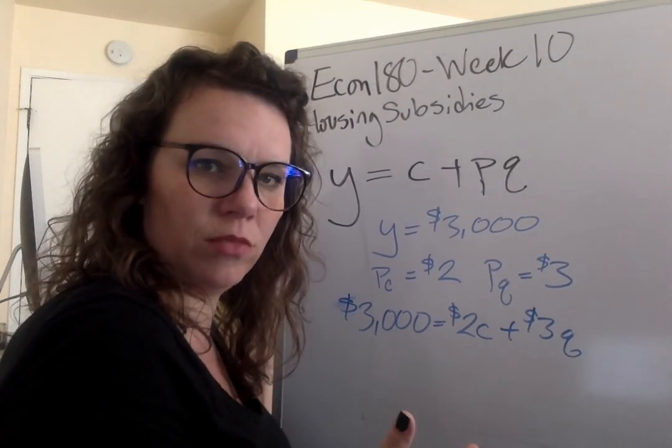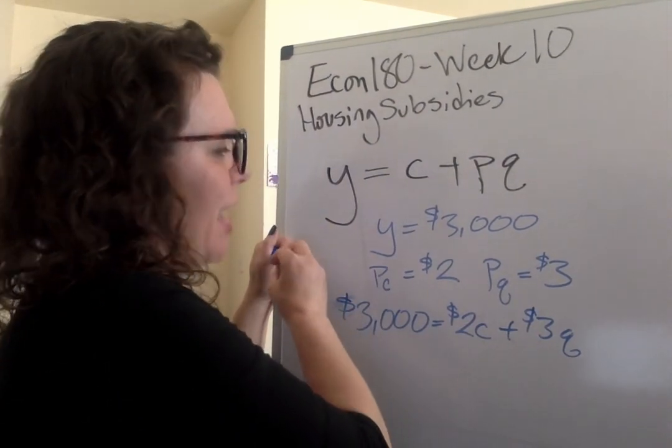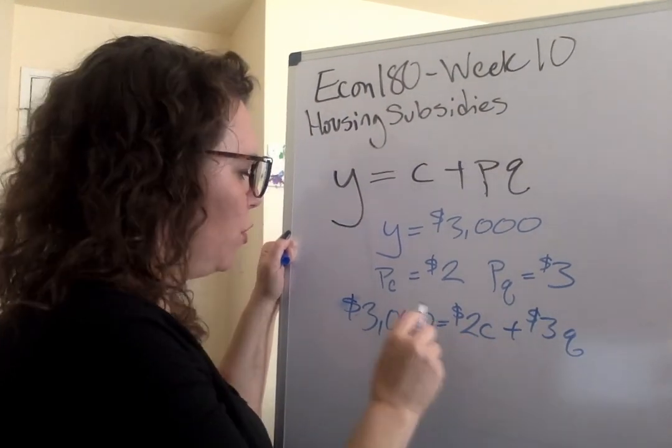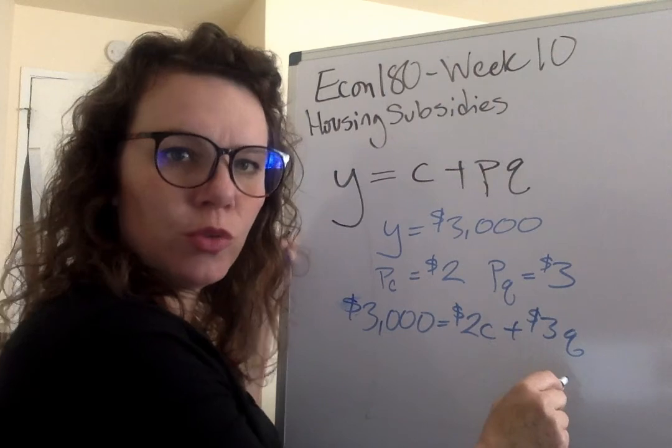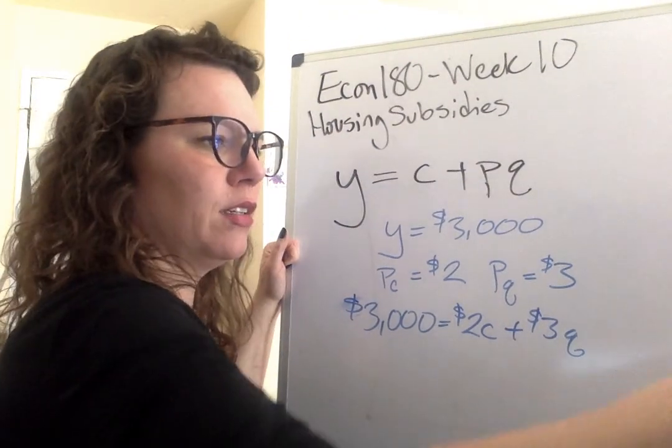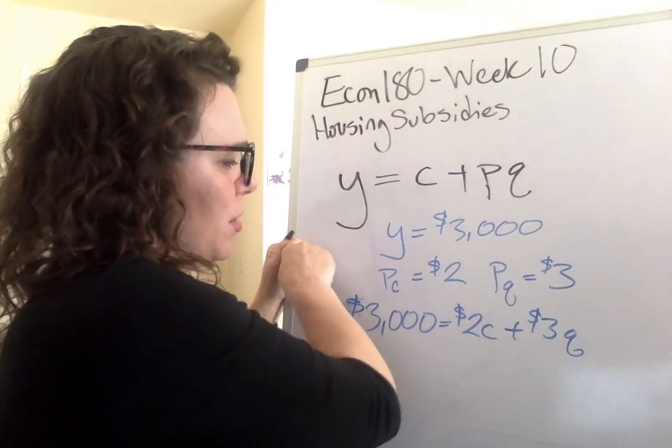So far, so good. To find the endpoints, you just want to see how much C you could consume if you only consumed C, and how much Q you could consume if you only consumed Q. So you start out by setting Q to 0.